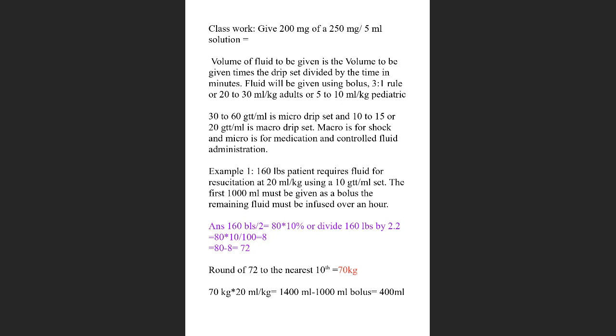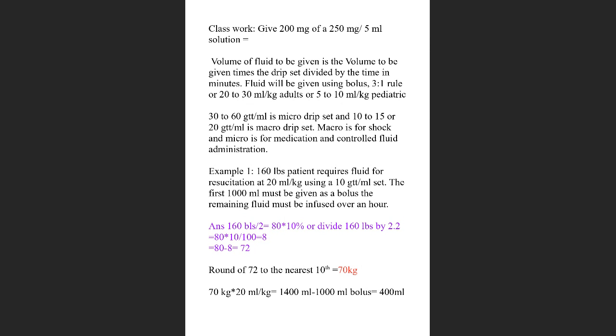Now, what you need to learn here, make sure you learn that part. If I am using a 30 drop or a 60 drop set, if I want to know how many drops per second, I simply use the value of the drip set to divide 60, right?